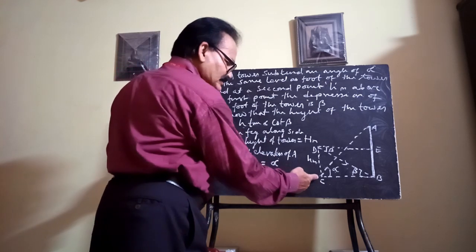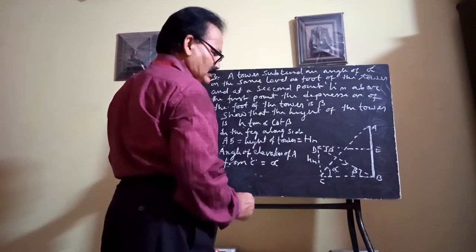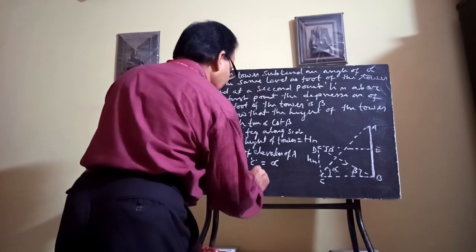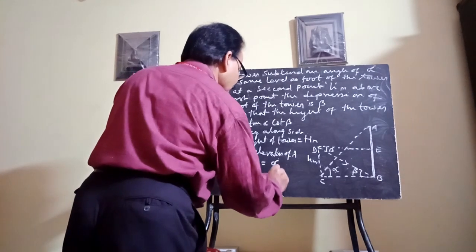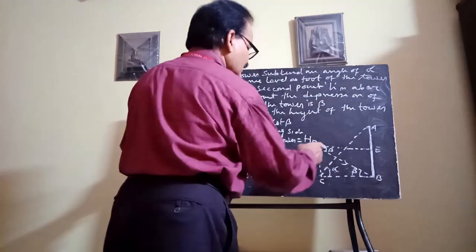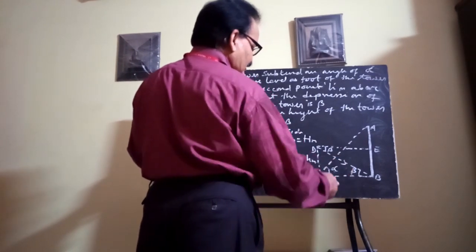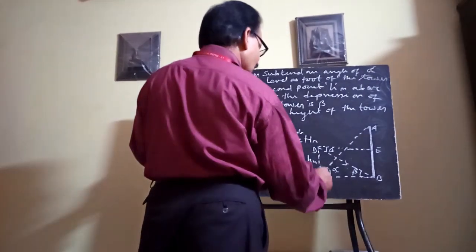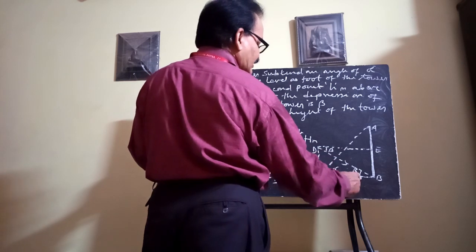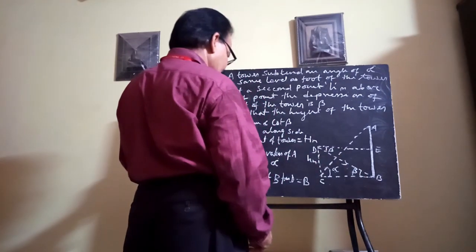So if the observer is at C, for him the angle of elevation of A will be alpha. And the angle of depression of B from D is beta. This part is beta, and for this triangle BCD, this is the angle of depression and this is the angle of elevation of D from B. Same, because they are alternate in nature.